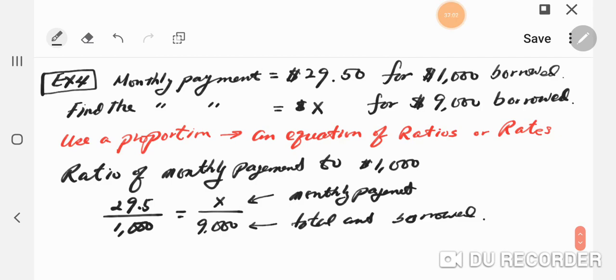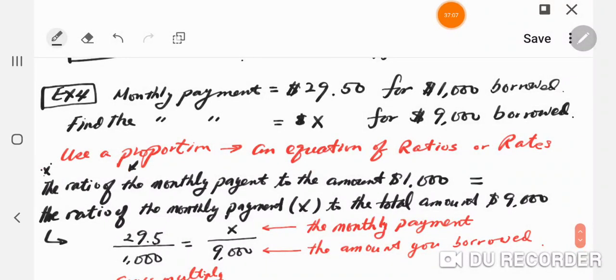Let me rewrite this one to make it clear. All right, I just rewrote the sentences again, so it's clearer to read. We have an equation using the ratio, where the numerator is the monthly payment and the denominator represents the amount you borrowed.